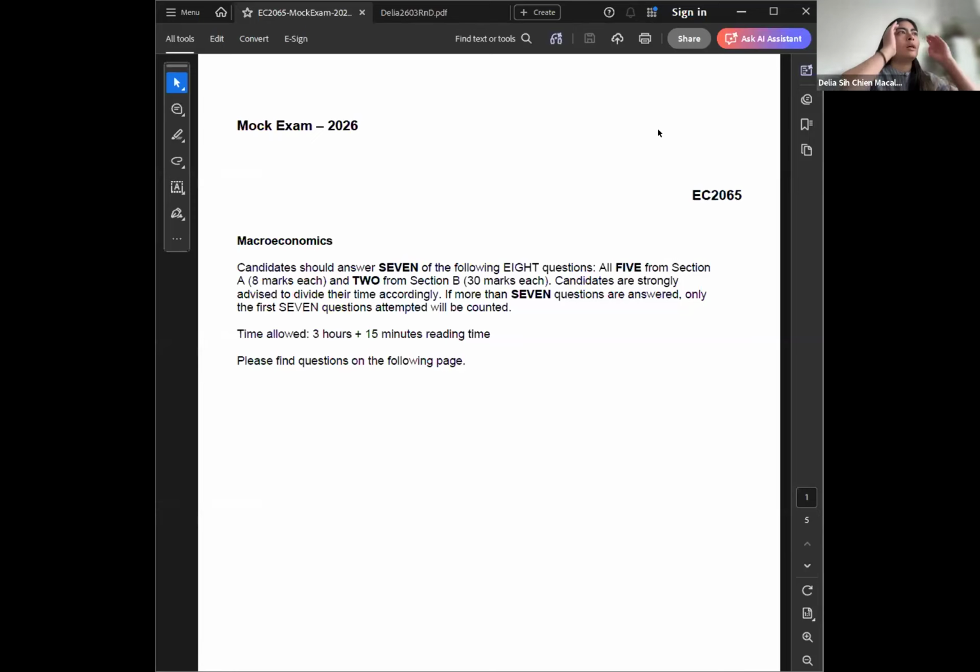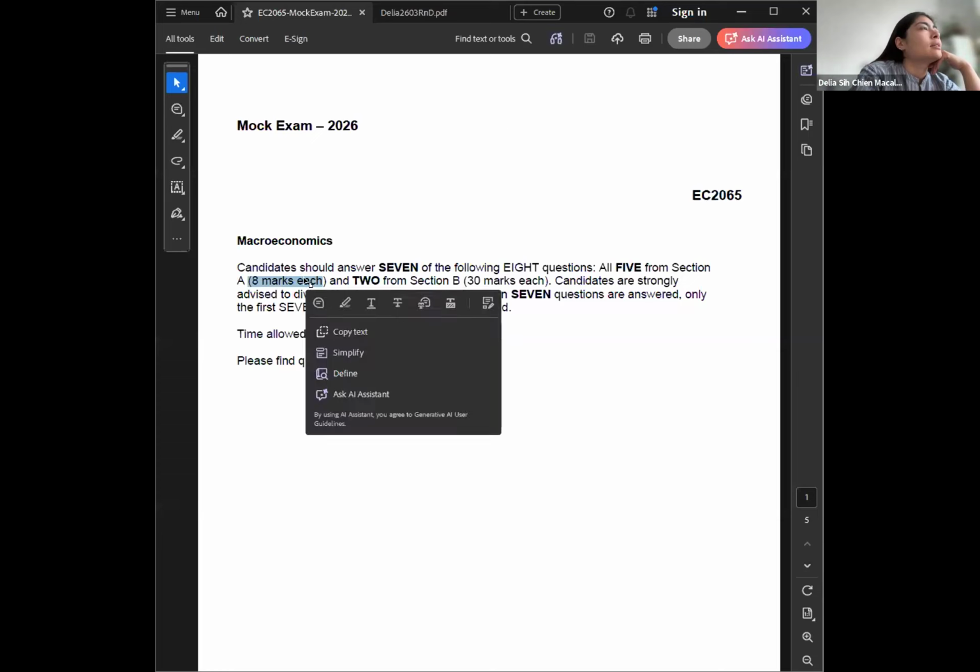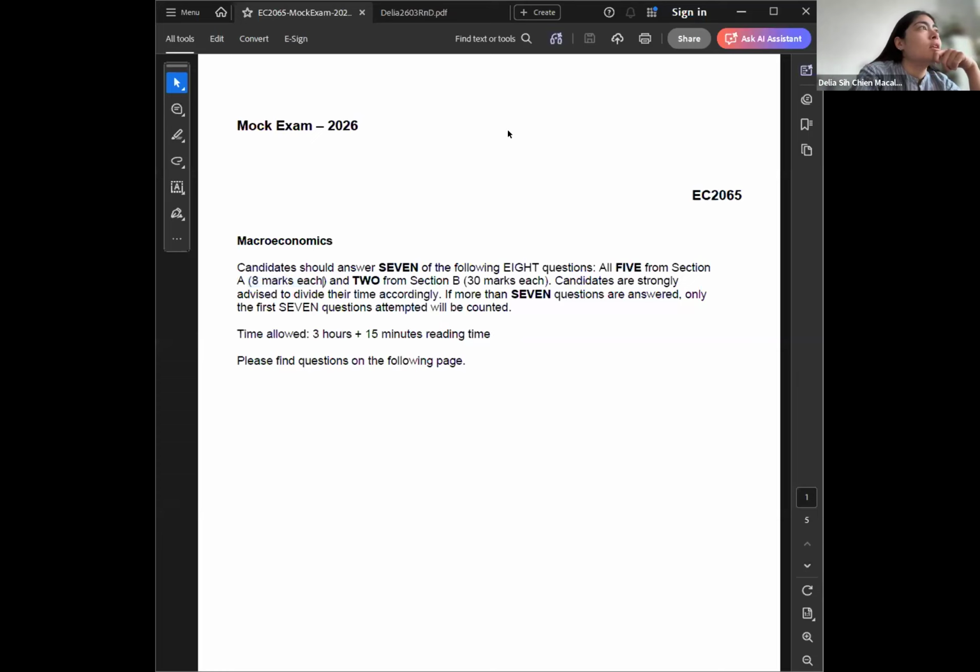It's a bit more reasoning, consideration of what you already know, and application of the theory you have, while perhaps the longer ones are a bit more quantitative. Importantly, all the short questions from Section A are mandatory. They carry a total of 8 points each.